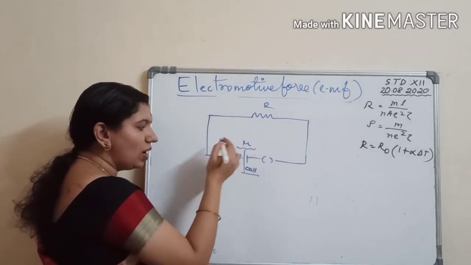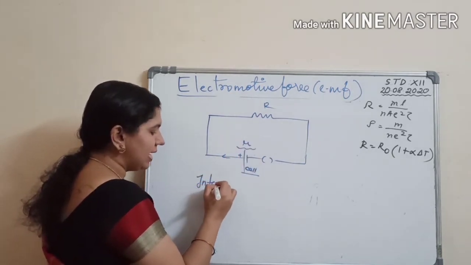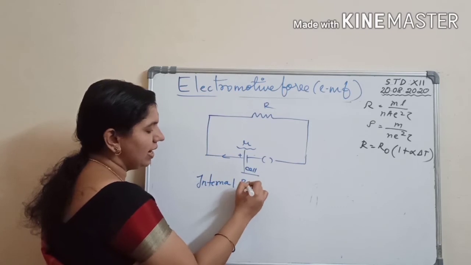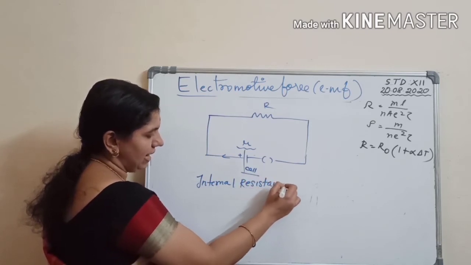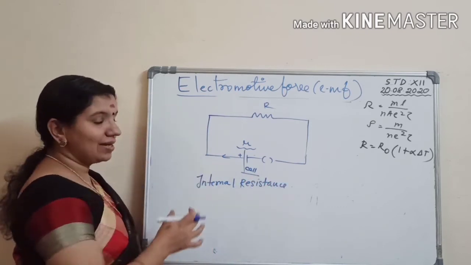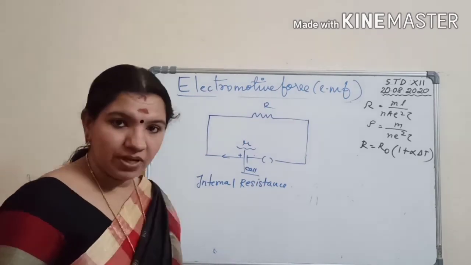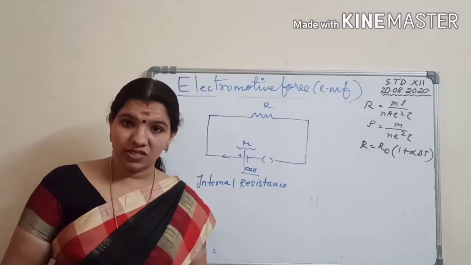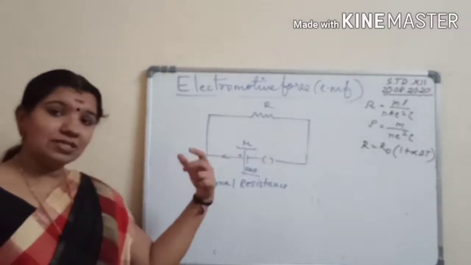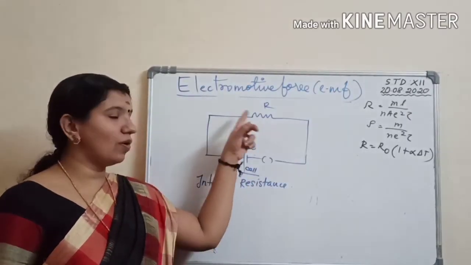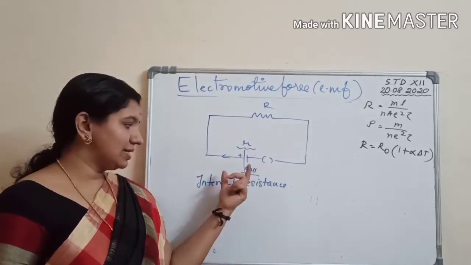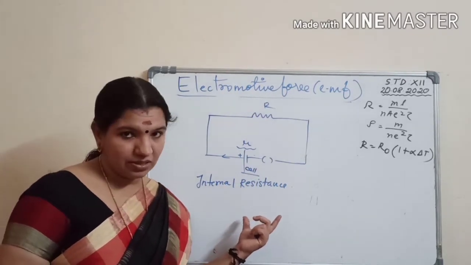Understand? So small r is called the internal resistance of a cell. Inside the cell, some chemical reactions are happening, and as a result, electrical energy is produced. But the cell offers a resistance by itself to the overall circuit, and such a resistance is termed internal resistance.